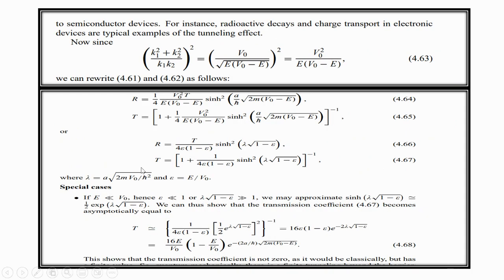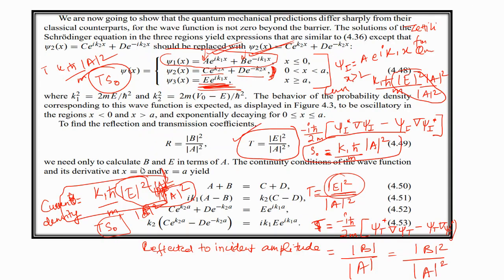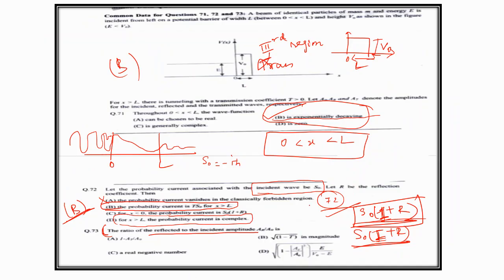I have not solved this question, but I feel like the answer would be this one, D. D will be the answer. You can do this question, because I feel like this one will be the answer. A real negative number will not be true. This is not correct. 1 minus AT by A naught means reflection square is equal to 1 minus, if suppose I am doing it, AR by A naught equals 1 minus AT by A naught.